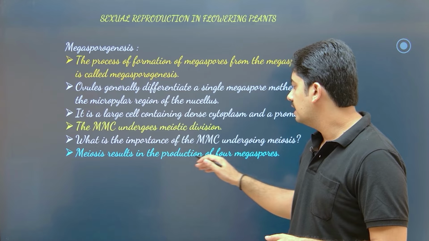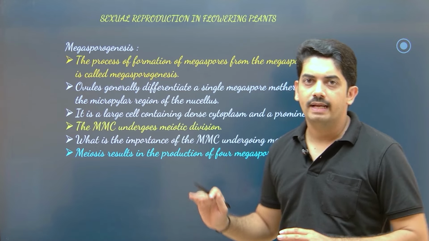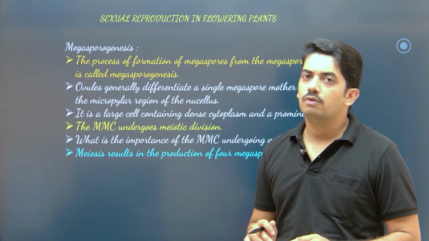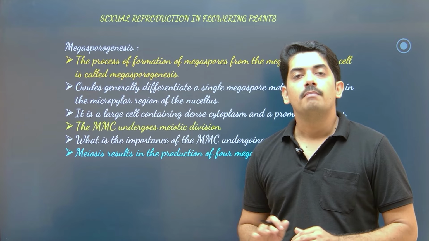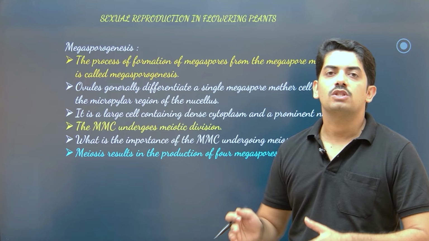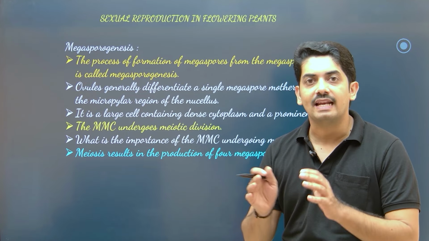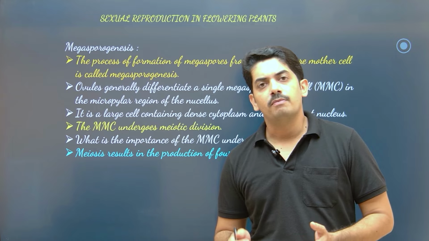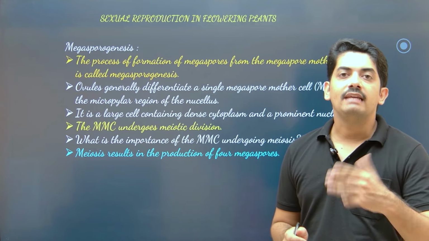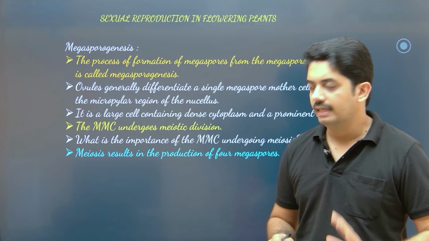Meiosis results in the production of 4 megaspores. Here also 4 megaspores are formed just like in microsporogenesis, but in microsporogenesis all 4 microspores are retained, whereas here it is different. When the 4 megaspores are formed, 3 will degenerate and 1 will be retained.